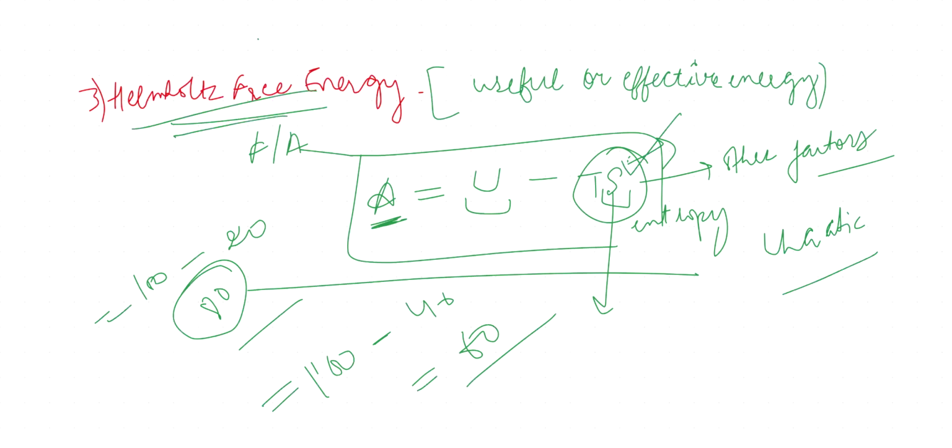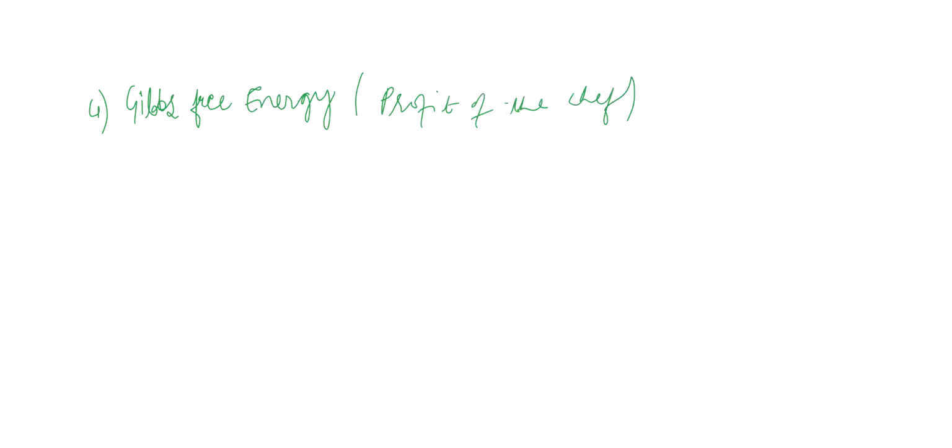So, the last thermodynamic potential is Gibbs free energy. What is it? It's the profit of the chef. It is denoted by G. Here we have the enthalpy, which covers everything from the total energy to the space and volume required.